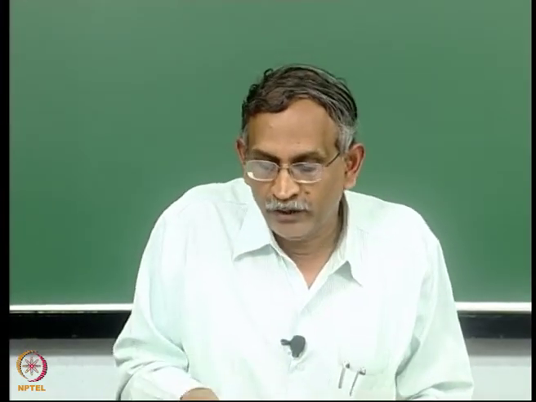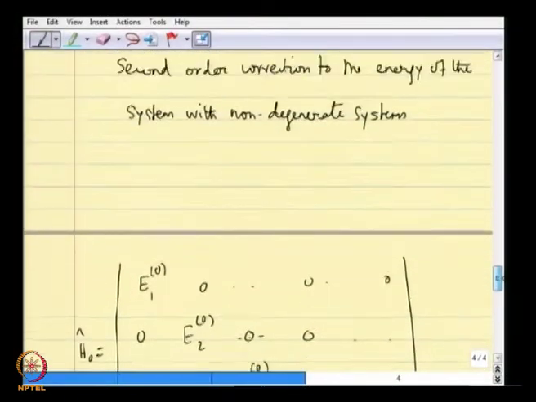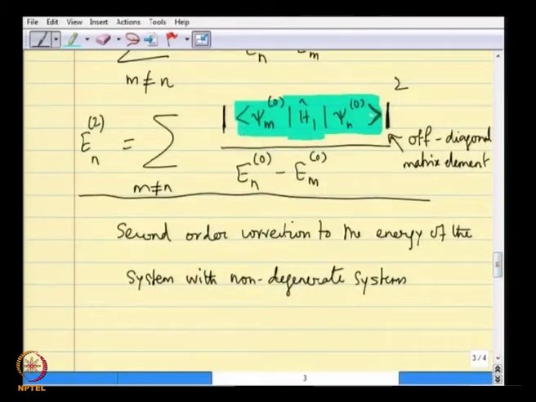Suppose you have En0 we start with. Let us assume that some value of n, m will be 1 to start with. So we take the matrix element of psi 1 0 H1 psi n0, whatever that n may be, divided by En0 minus E10.